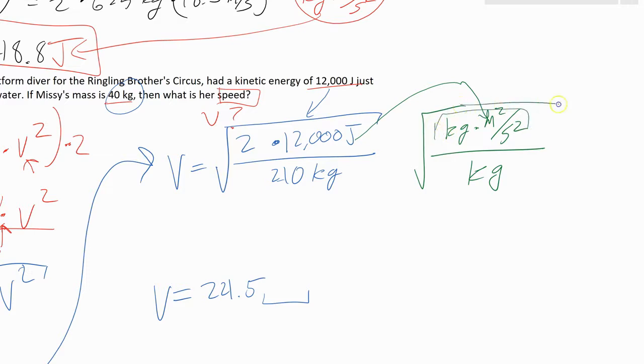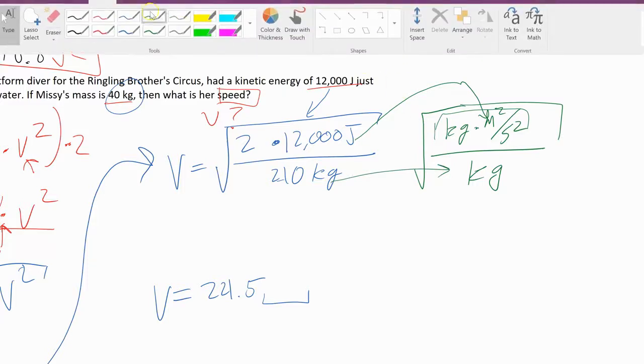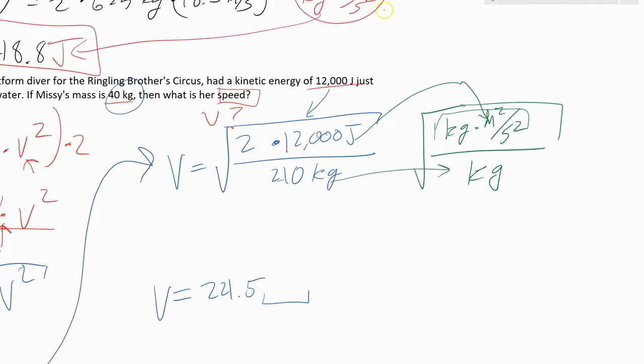So we've got kilograms on the top and kilograms on the bottom, so those go away. And so then I'm just left with the square root of meters squared over seconds squared. Well, the square root cancels out both of these squares, so then I'm just left with meters per second. Hey, look at that. That's what I want in the end.